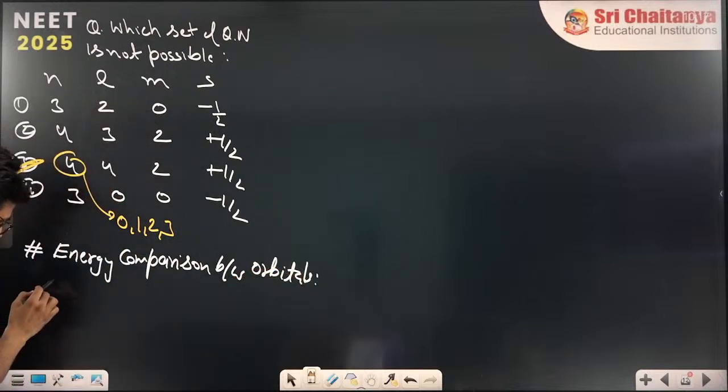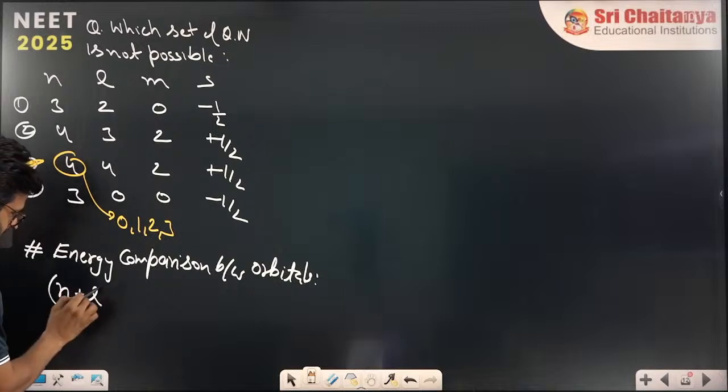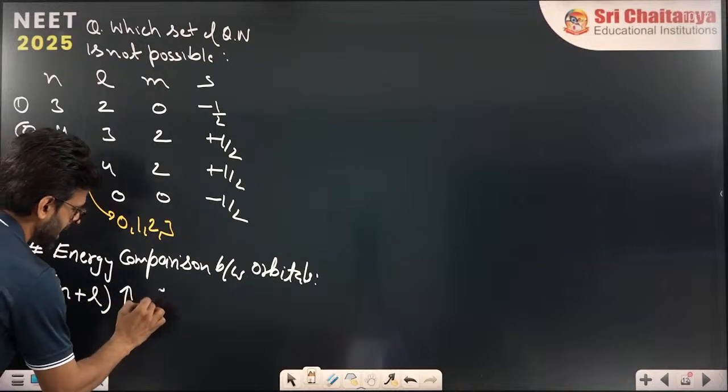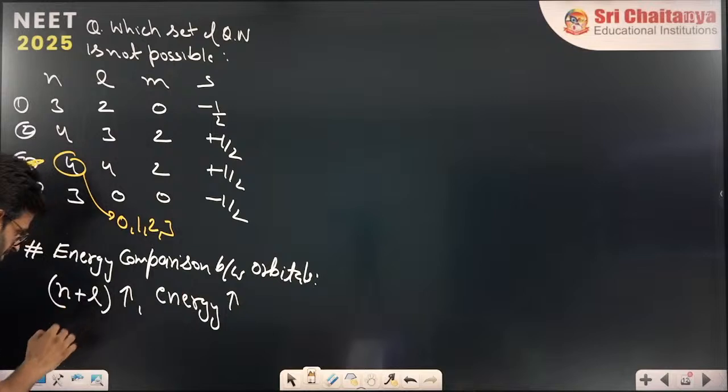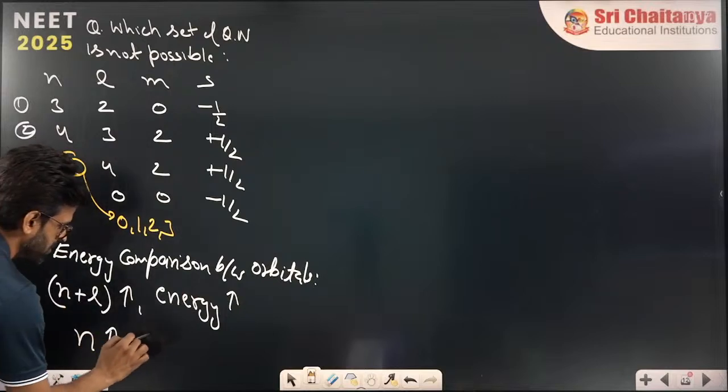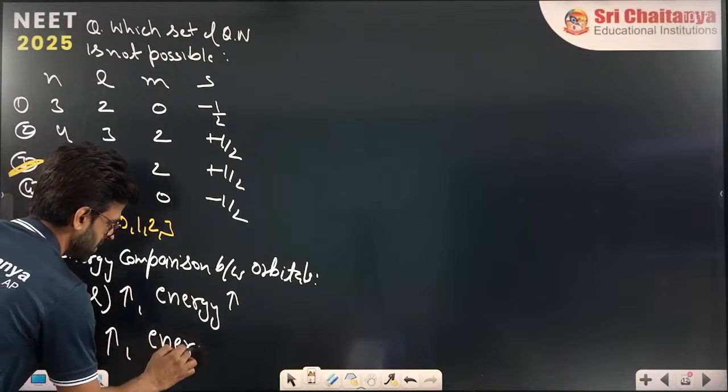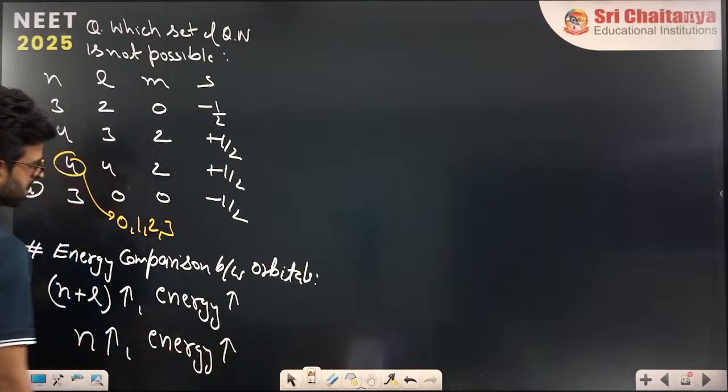First of all, n plus l decides: the higher the n plus l, the higher the energy of the orbital. If n plus l ties, then go for n. The higher the n value, the higher the energy, right?